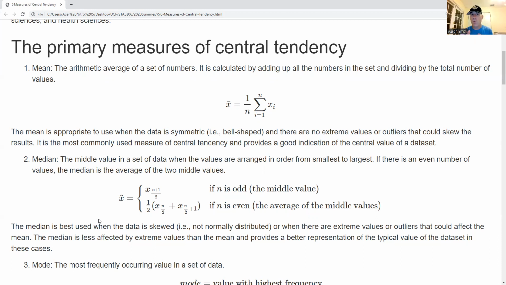Then unless I have exactly equal representation of 5 and 6, my median is going to be 5 or my median is going to be 6. So unless my data is exactly 50-50, my middle value will be equal to my maximum value or my minimum value, and that doesn't work out. If I only have a few distinct values, the median tends to not be as good of a measurement.